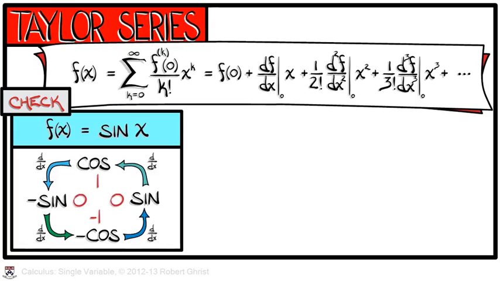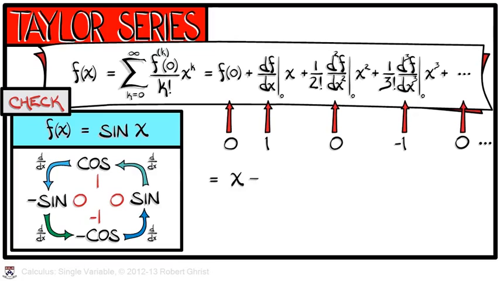Once again, evaluating all of these at an input of 0 gives us alternating forms of 0 and non-zero terms, with the non-zero terms having alternating signs. Therefore, we can substitute in these derivatives, obtaining 0, 1, 0, negative 1, and repeating in blocks of 4.